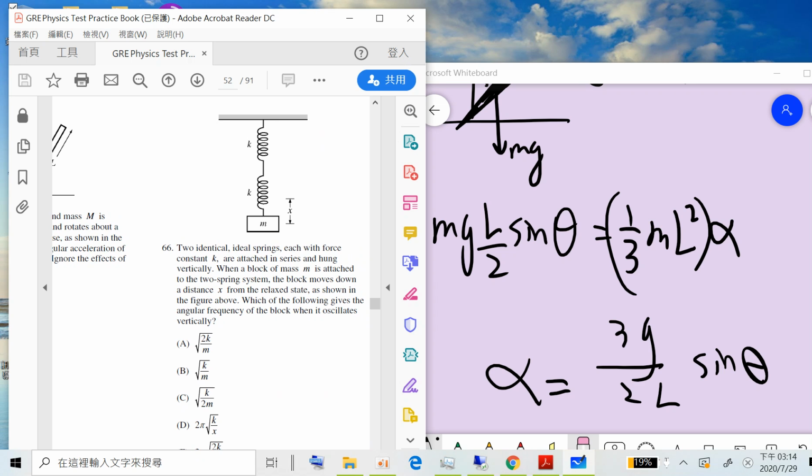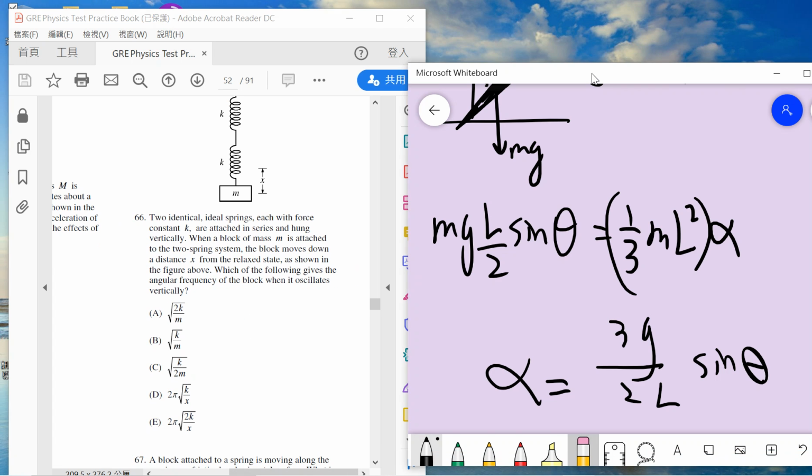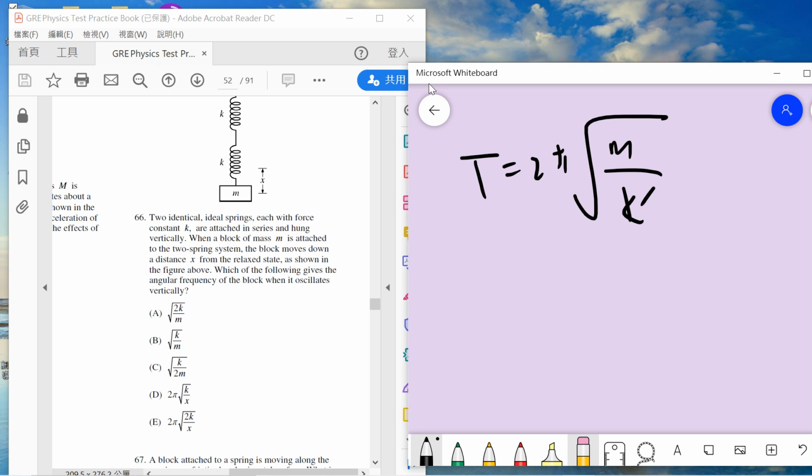Okay, so 66. You are given two springs of constant k in series, and asked about the frequency. Basically, you need to remember that the period is 2 pi square root of m over k prime, where k prime means the effective spring constant.